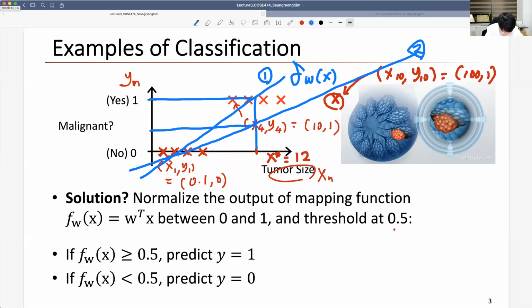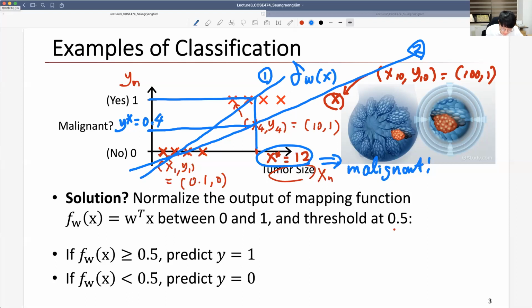Let's say y star is equal to 0.4. But if you think about the training data set, this sample should be malignant, right? As you can see here, if we just use the regression technique, we cannot get a good prediction. So we need another approach to solve this problem.